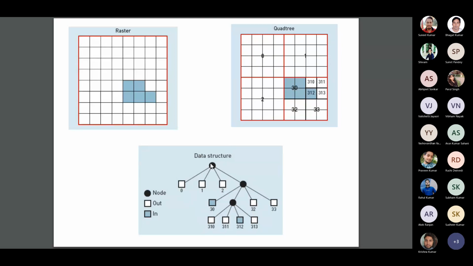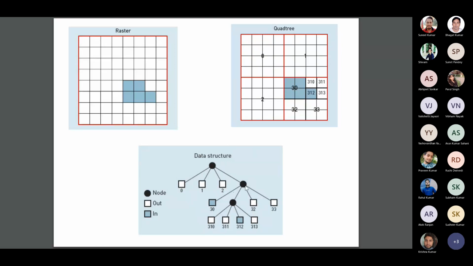Now see, the very first black color node is the root node. This root node represents the complete 8 cross 8 matrix. Now this is divided into 4 parts, so you can see 4 children coming from the root node. 0, 1, 2 are okay.